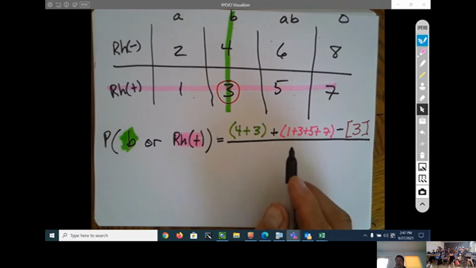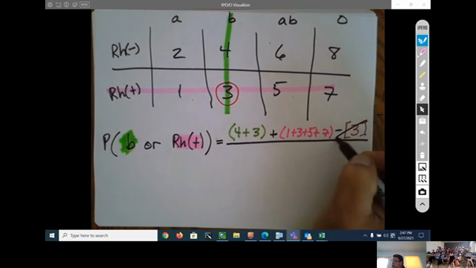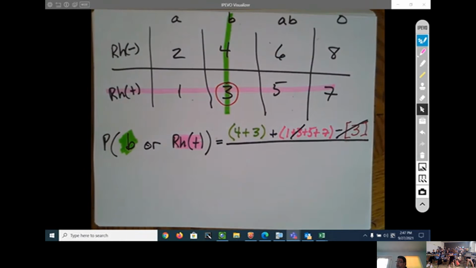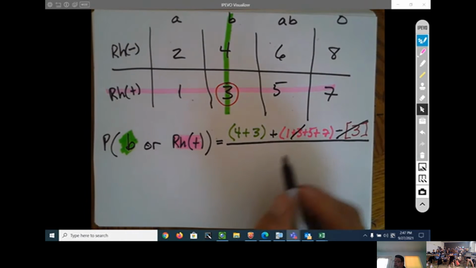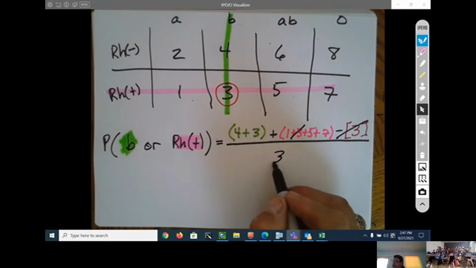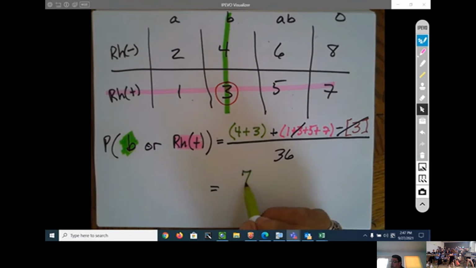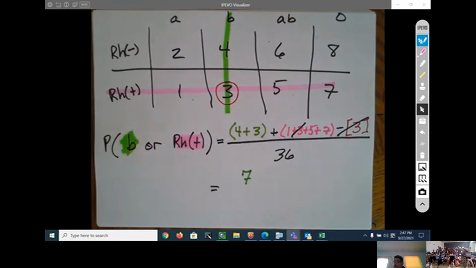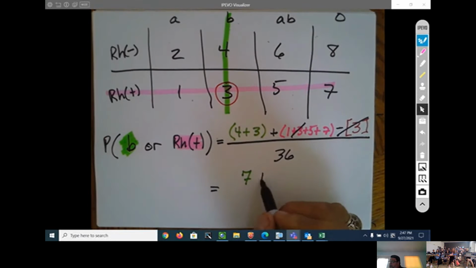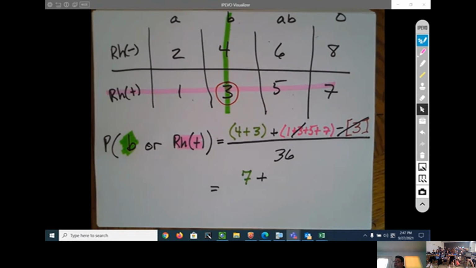Yeah, you could say that the 3 cancels this 3 out right here and do it that way. And you get 4 plus 3, and I think we got 36. So that's 7 plus, well, 5 plus, that's 13.